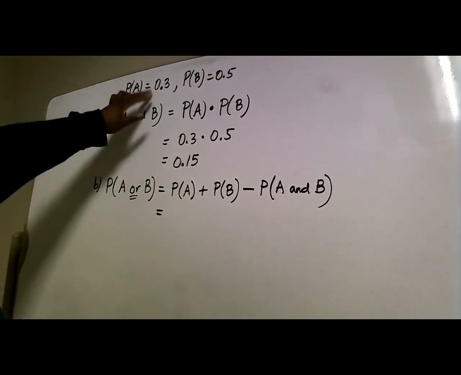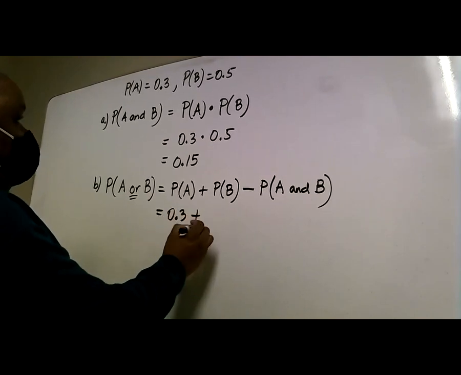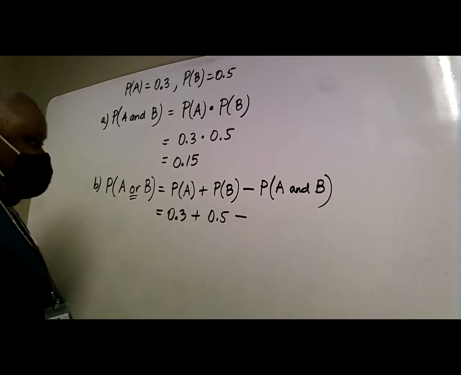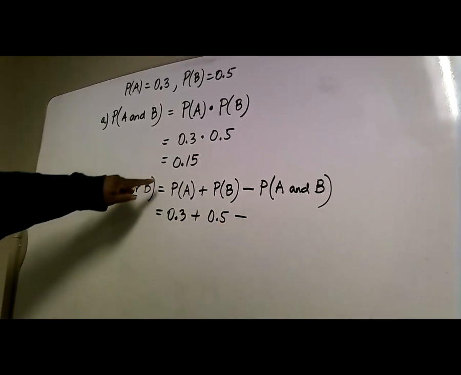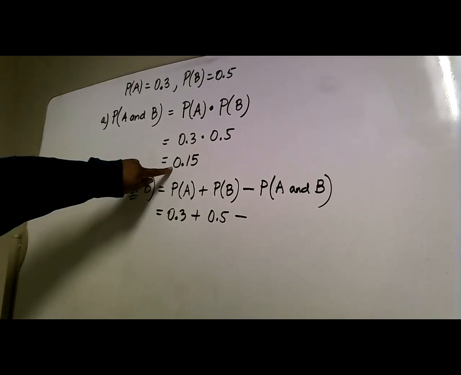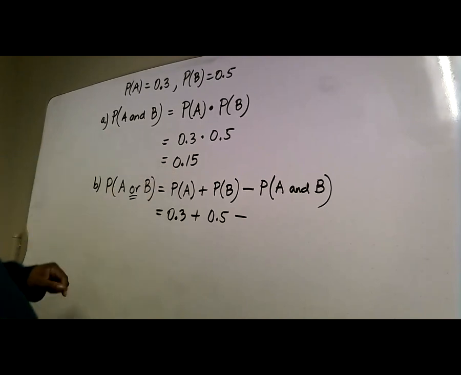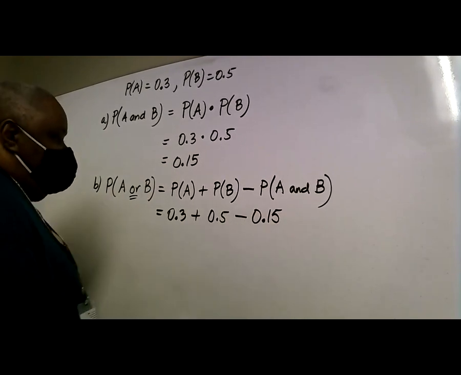So the probability of event A was 0.3, plus the probability of event B, 0.5, minus the probability of A and B. Well, we've already figured this one out in part A. The probability of A and B came out to be 0.15.